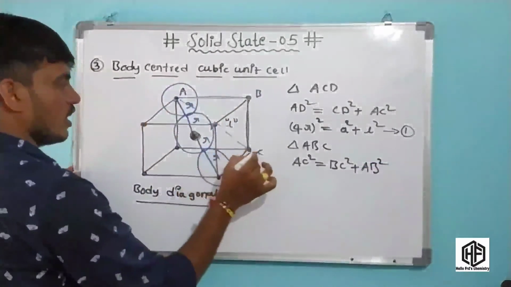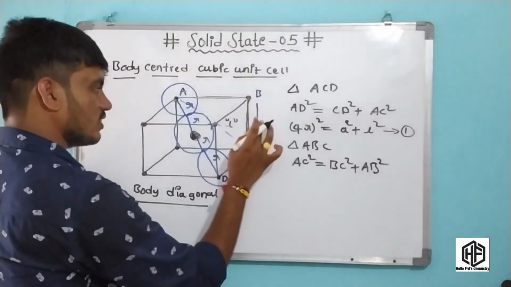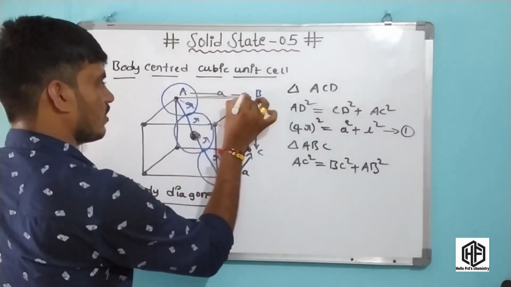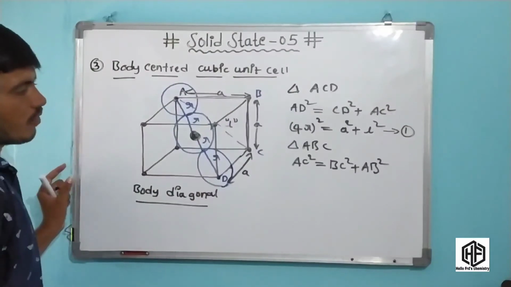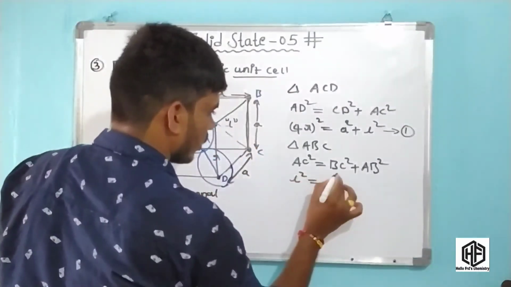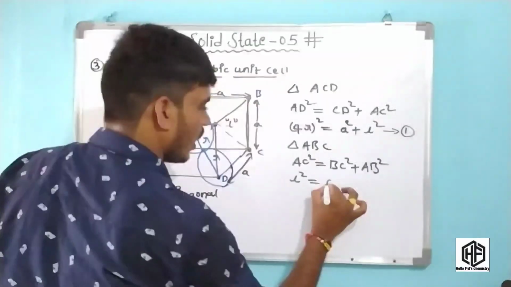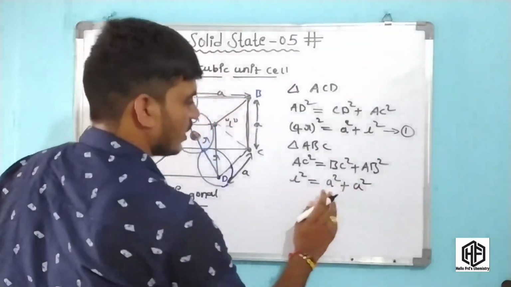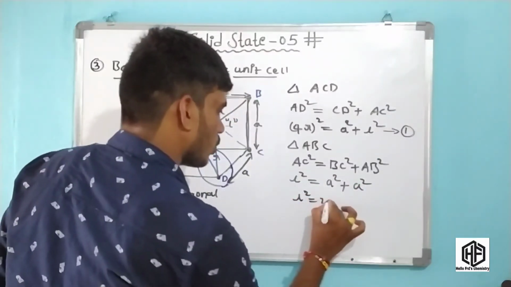BC is the edge length a and AB is the edge length a. So L square is equal to a square plus a square, that is, 2a square.